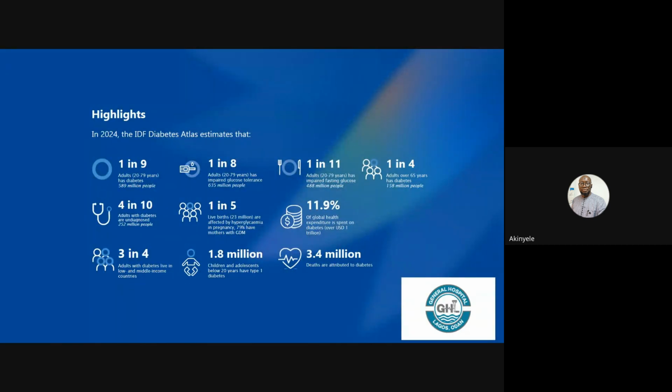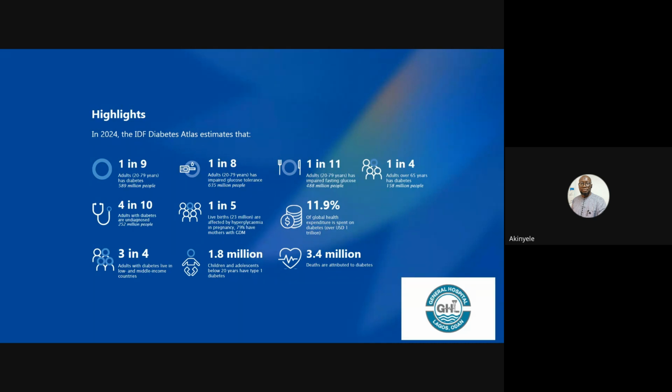So we know that 1 in 9 adults are diabetic at this time. 1 in 8 adults have impaired glucose tolerance. 1 in 4 people who are over 65 have diabetes. And 3.4 million people died from diabetes at the end of 2024.